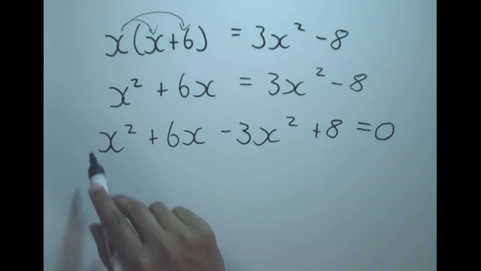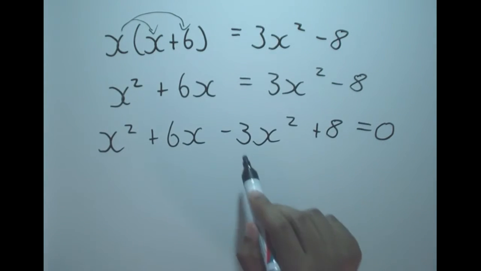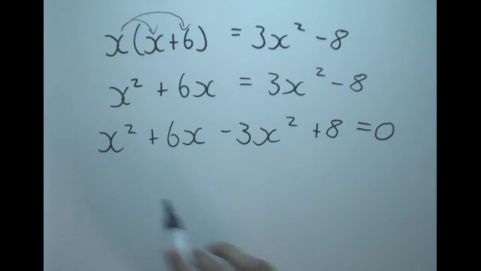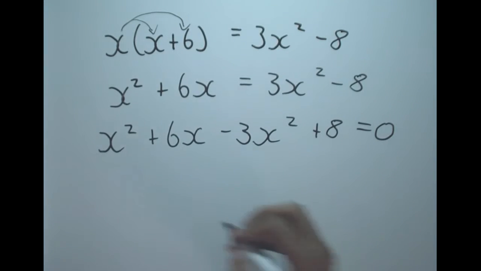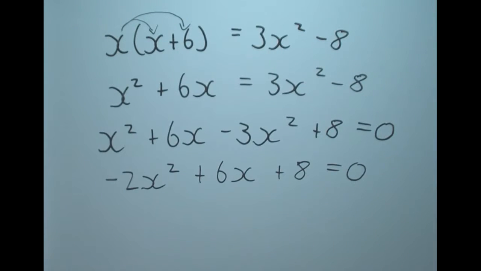Now we need to add like terms. We have a 1x squared here and a minus 3x squared here, so it's 1 minus 3 and we end up with minus 2x squared. So we have minus 2x squared plus 6x plus 8 is equal to 0. Now I can take out a common factor here. When we're working with an equation, we're taking out a constant common factor, so we can actually divide everything by that common factor and we don't need to take it out.